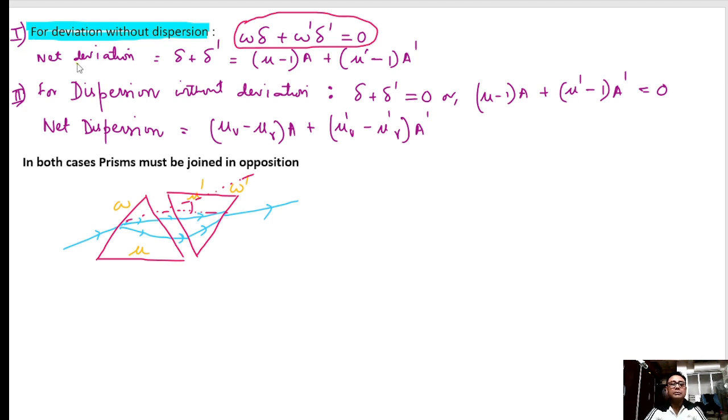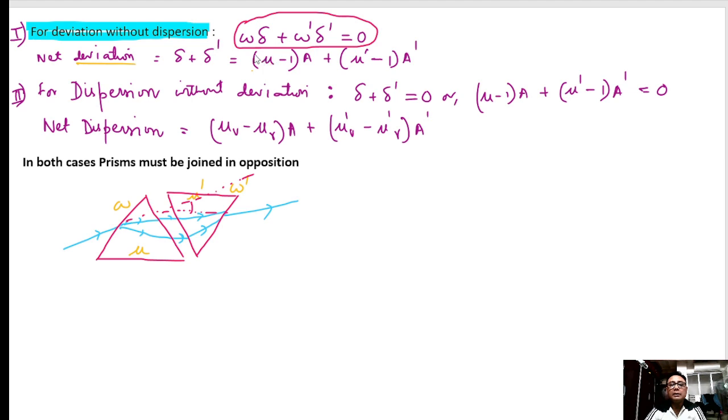Net deviation, so without dispersion, dispersion will not be there. So the net dispersion is 0. But what is the net deviation? The deviation of the first prism plus the deviation of the second prism. So please keep a note of this.